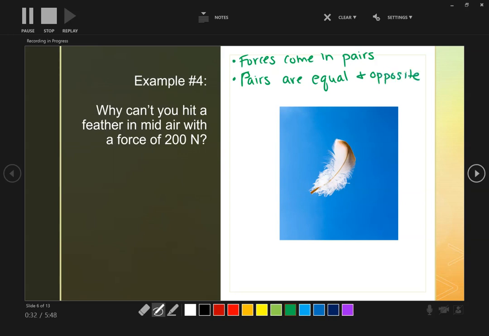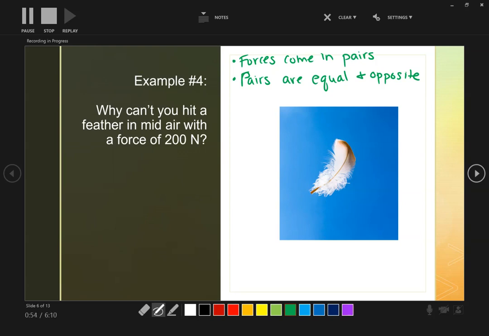So if you want to hit a feather with 200 newtons of force, the feather must be able to hit you with the same amount of force. So can a feather in midair exert 200 newtons of force back on you? No. That's why you cannot hit a feather with 200 newtons of force, because it cannot give you 200 newtons of force back.